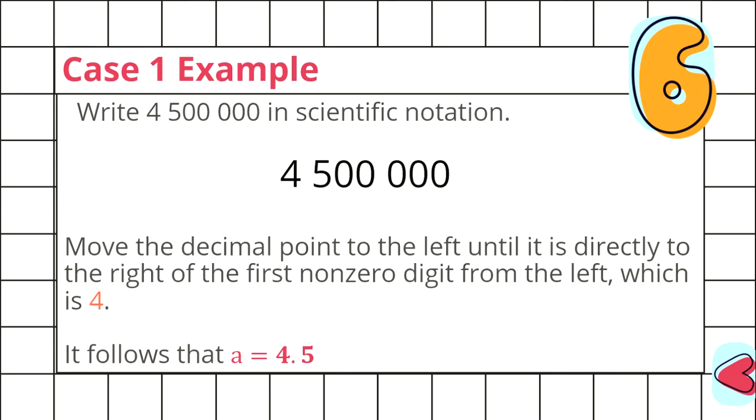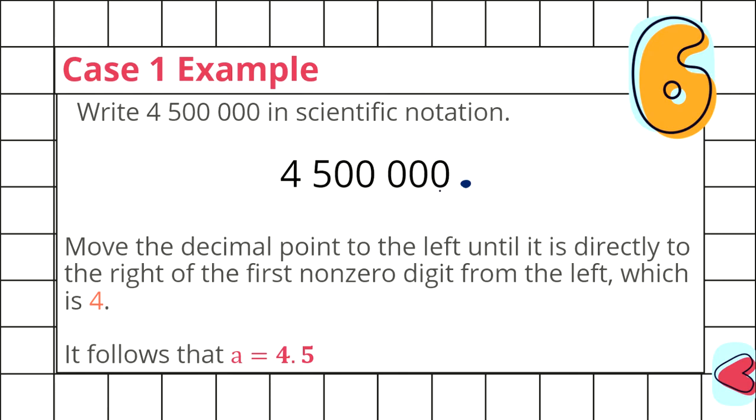Okay, so for more examples, for case 1, we have to write 4,500,000 in scientific notation. Here we have to move the decimal point to the left until it is directly to the right of the first non-zero digit, which is 4. Since this is a whole number, our decimal point is here on the right.